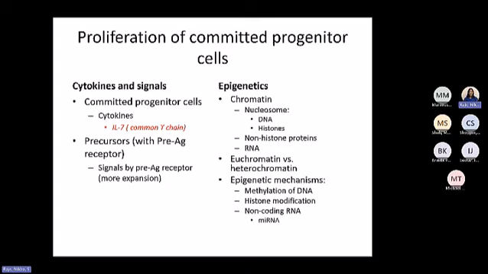When it's available for transcription, there are certain processes that can occur. One, there can be transcription, but there are also some epigenetic mechanisms like methylation or histone modification that can help in regulating the transcription of certain genes.